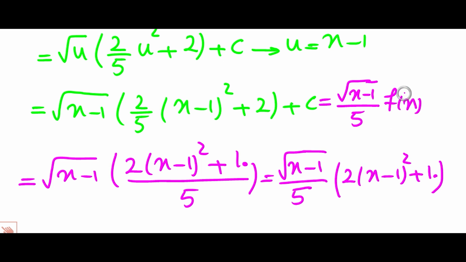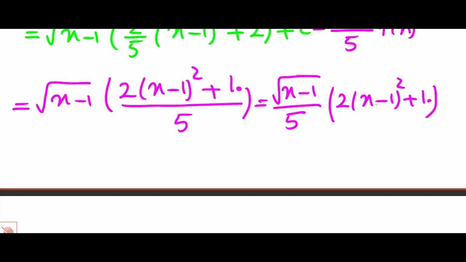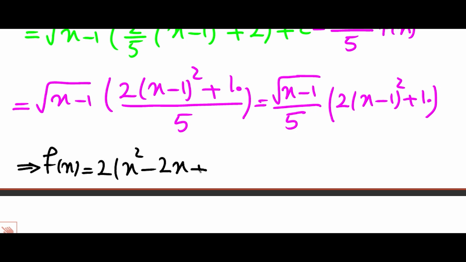So f of x equals 2 times (x minus 1) squared plus 10, or the final answer is f of x equals 2 times (x squared minus 2x plus 1) plus 10, or 2x squared minus 4x plus 2 plus 10, which is 2x squared minus 4x plus 12.